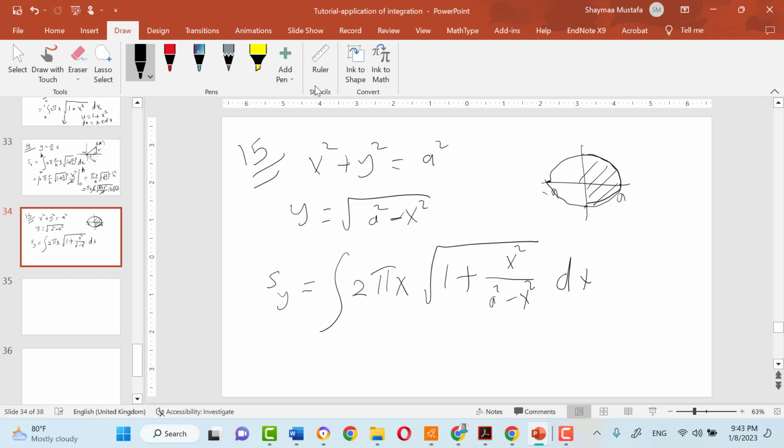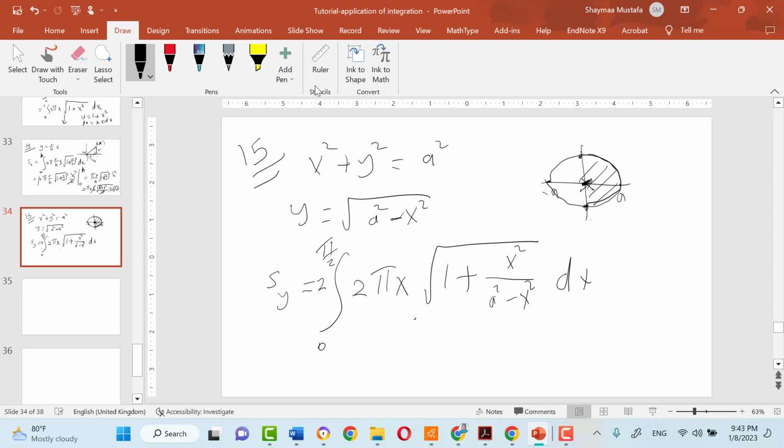Now x for this part should be from minus a to a, but I will take it from 0 to a and multiply by 2. And then we can calculate the integration.